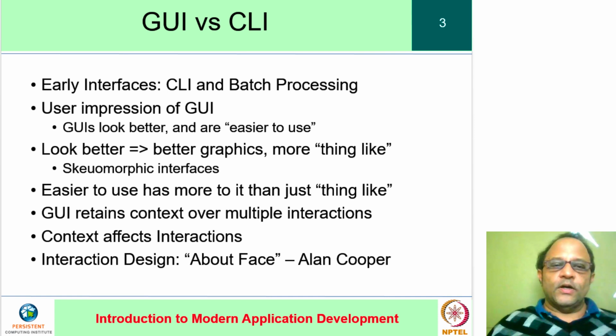A famous book called About Face by Alan Cooper first made the idea of interaction design popular. The first edition of this book in the late 90s or mid 90s maybe, talked about desktop apps, and the latest edition in around 2014 now covers, for example, things like mobile applications.